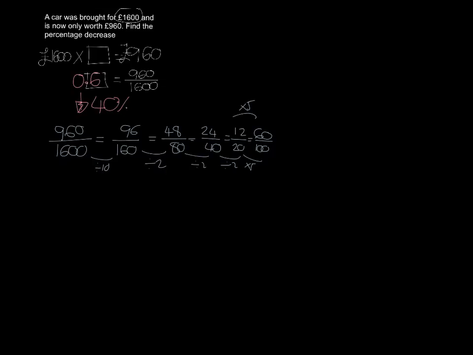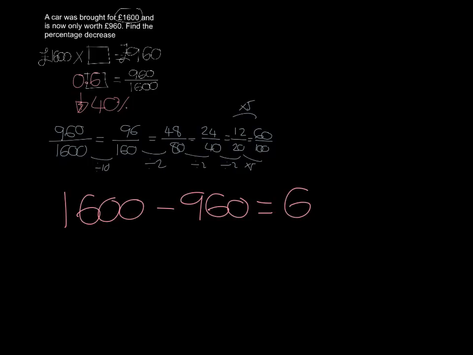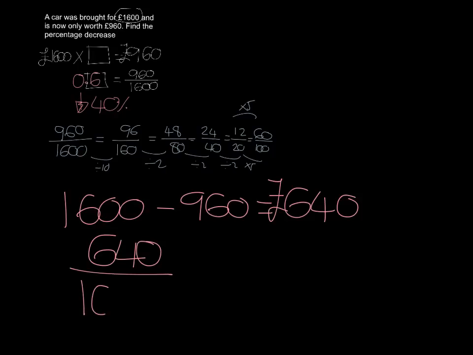And if you do prefer the other method still, you just need to think about what is the difference between 1,600 and 960 first of all. You would have to carry out a subtraction for that to work out it's a difference of 640. So it's a difference of, if you write it as a fraction, 640 out of the original 1,600. Remember, this will give you your answer straight away as a percentage if you can simplify it.